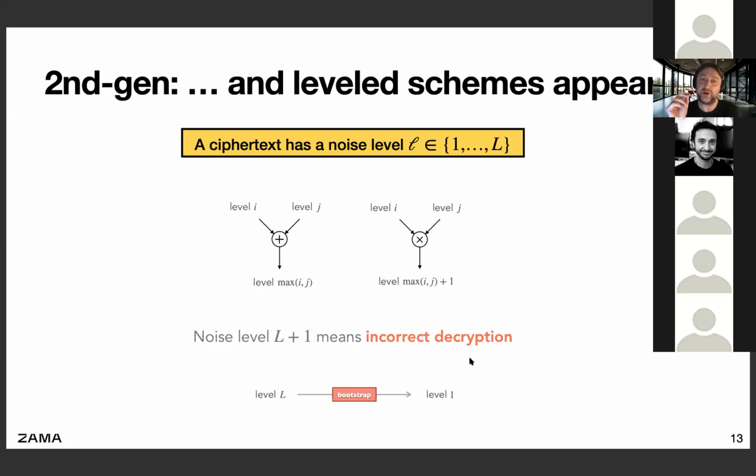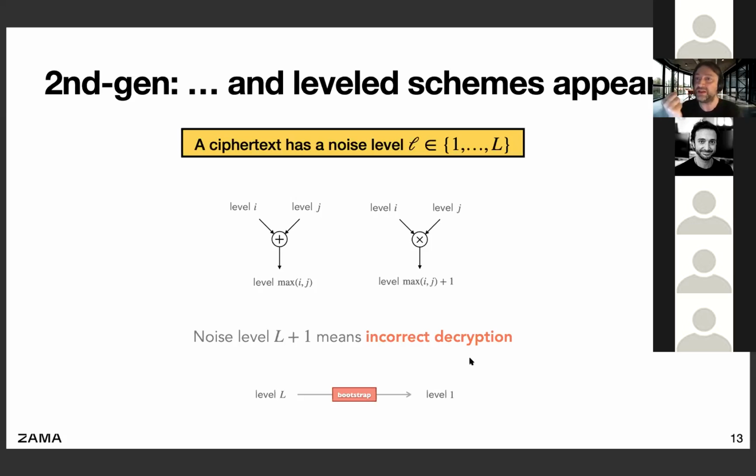When you perform an addition, modulo 2 here, if you had a level I and a level J ciphertext, you would get a ciphertext of level max of I and J. When you do the multiplication, it's the same thing, except that it's incremented by 1. So if you go through multiplications, the level is incremented every time. And if you exceed the maximal level, then you get an incorrect decryption.